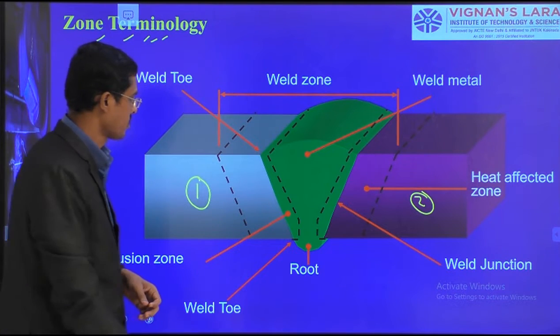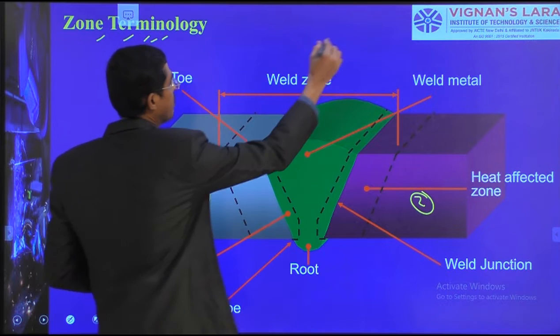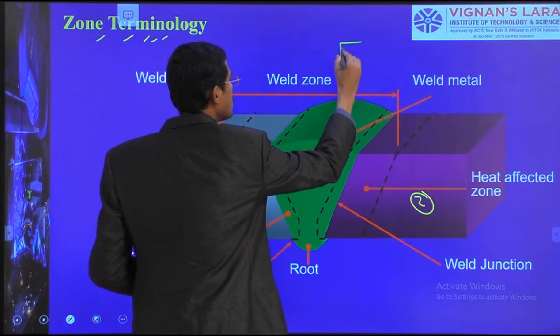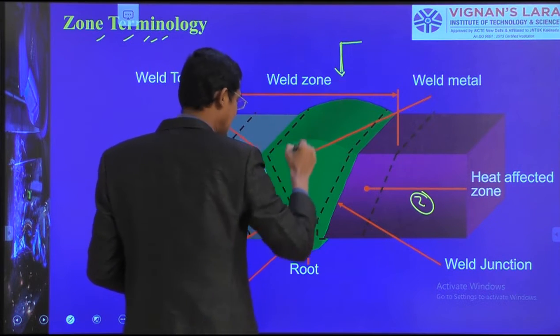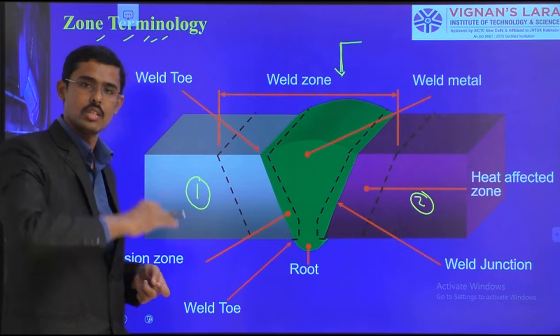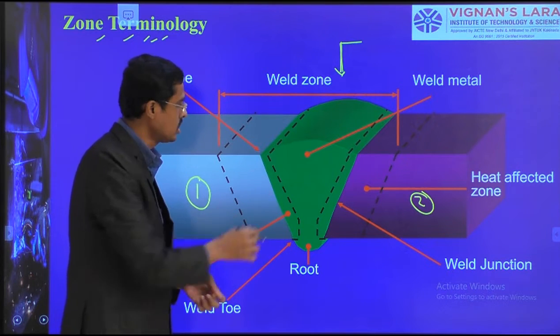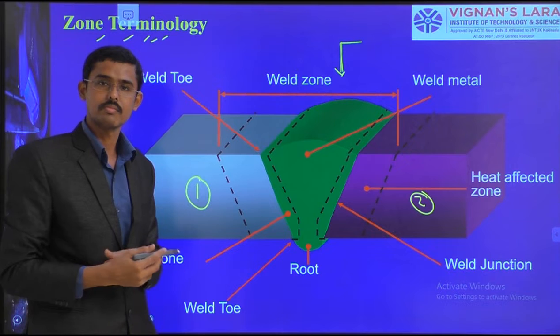So, this green zone is where the filler metal has been consumed, melted and deposited inside. We have studied the various regions of root gap and root face, right? Those will fill completely.